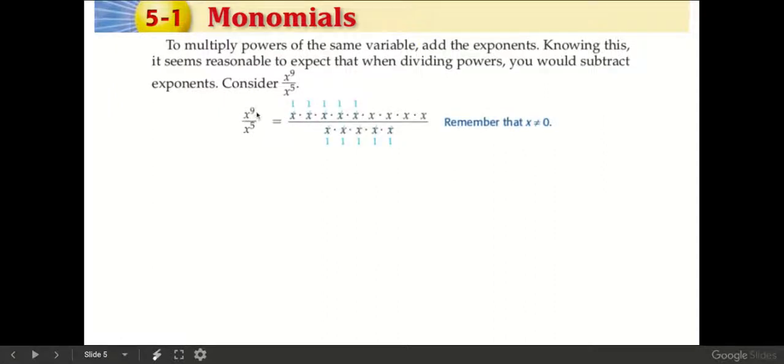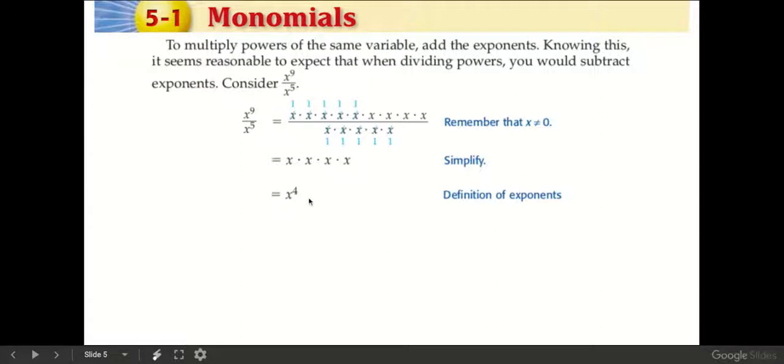And again, if I write it in expanded form, x times itself 9 times over x times itself 5 times, these would cancel each other out, just leaving me with 1 over 1. And it would leave me with these x terms still left. So x times itself 4 times would give me x to the 4th, because 1 over 1 just simplifies.